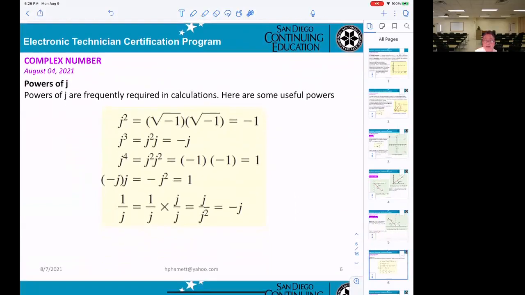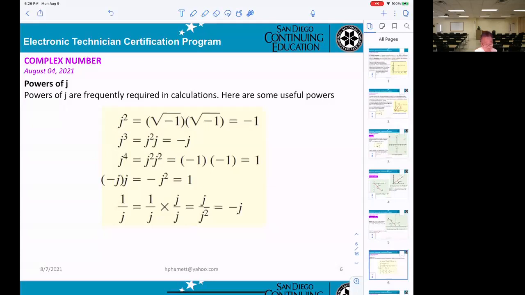You understand j by definition equals square root of minus 1. So they calculate j squared. Now see what you get. j squared equals square root of minus 1 times square root of minus 1.